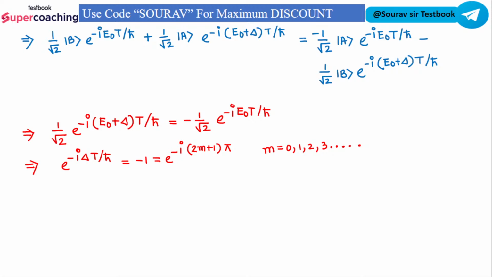Cos 1 will be cos 2m plus 1 into pi. Cos 2m plus 1 into pi is always minus 1. So don't worry.